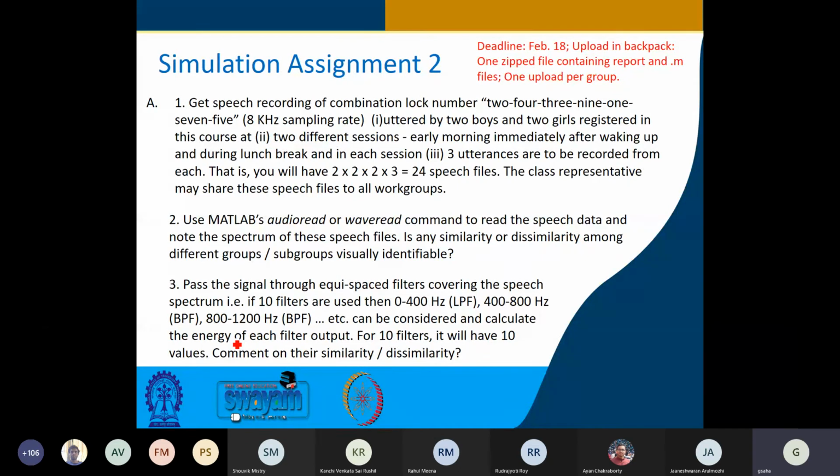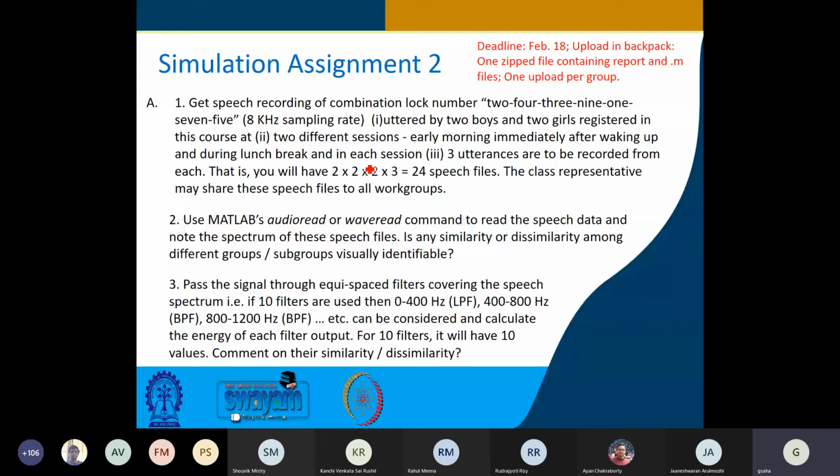What you have to do actually, 2 boys and 2 girls are to volunteer, and who will be that, I leave it to you. They need to record whatever has been mentioned here: one in early morning, immediately after waking up, and one during lunch break. 3 utterances are to be recorded, the same thing.